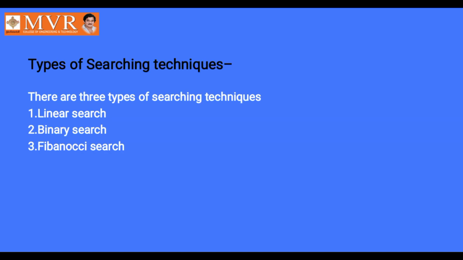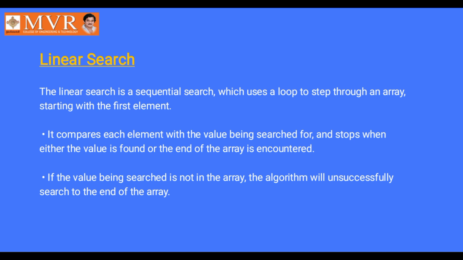Now, coming to the types of searching techniques. There are different searching techniques, and they are linear search, binary search, and Fibonacci search. Now, linear search. This linear search is also known as sequential search.